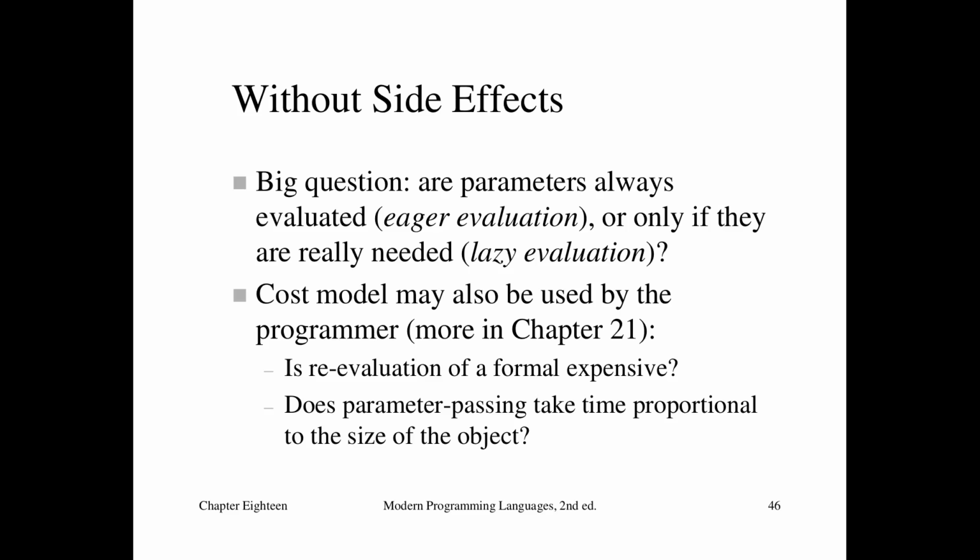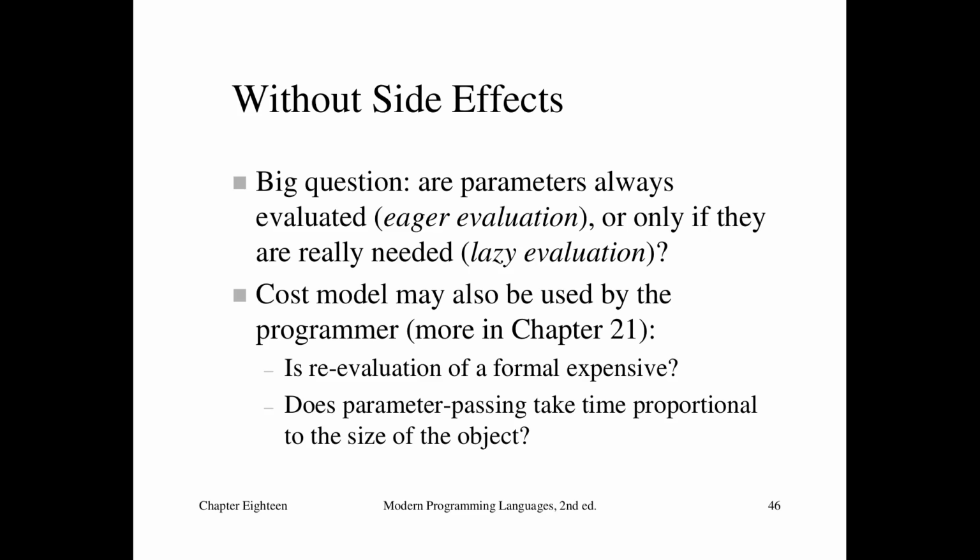The question becomes: are the parameters always evaluated? This is the other one, right? We have eager evaluation, where it's always evaluated, or lazy evaluation, where it's evaluated only when needed. The difference here is obvious: we don't necessarily always want our parameters to be evaluated, but knowing which one it is lets you utilize your language more effectively, and you can handle much larger data structures as needed rather than all at once.